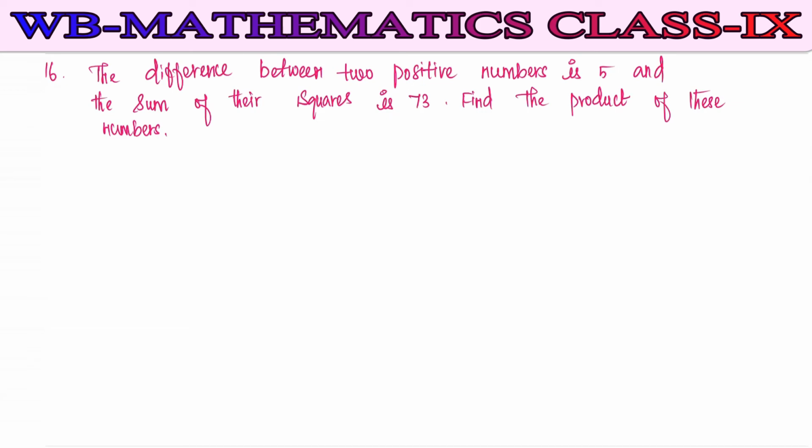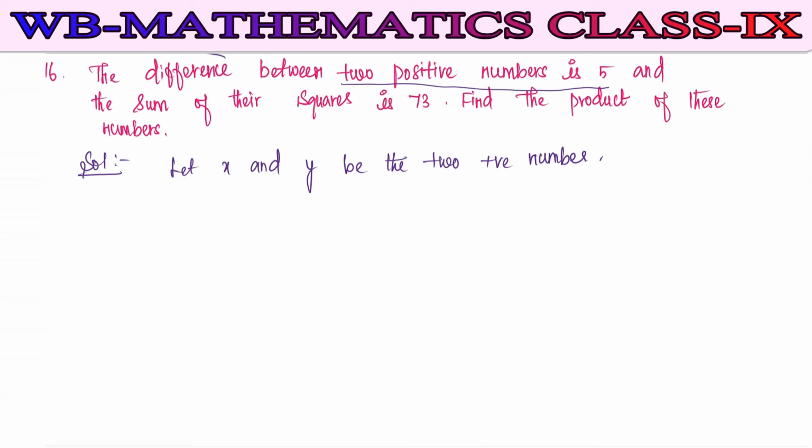The 16th one: they have given the difference between two positive numbers is 5. Let x and y be the two positive numbers. The difference is nothing but x minus y, and the value here is 5.